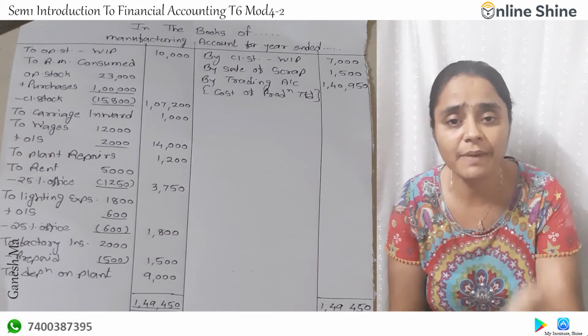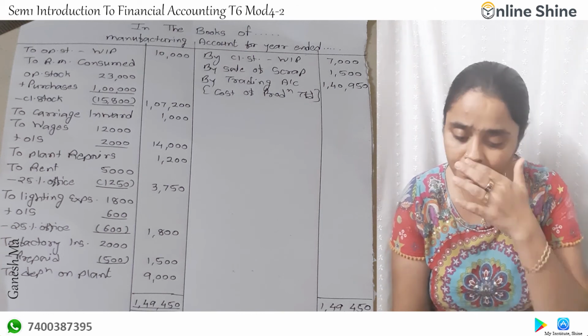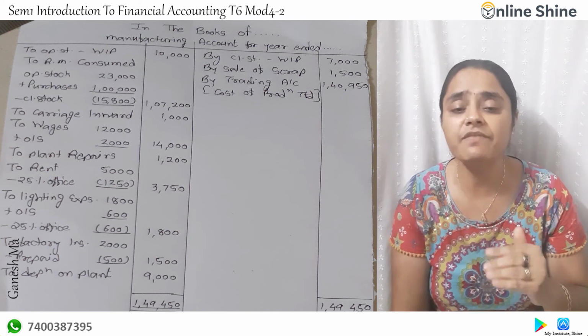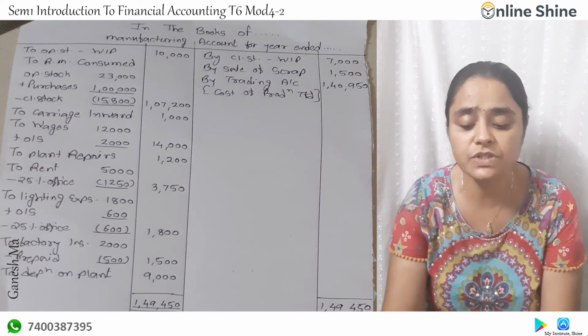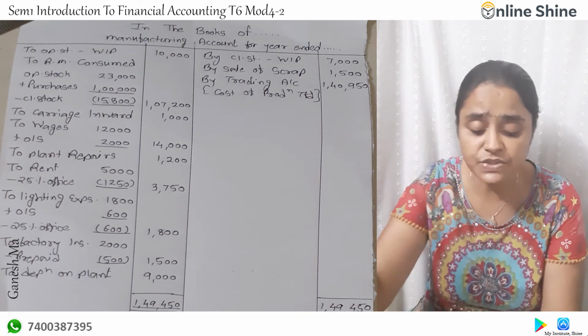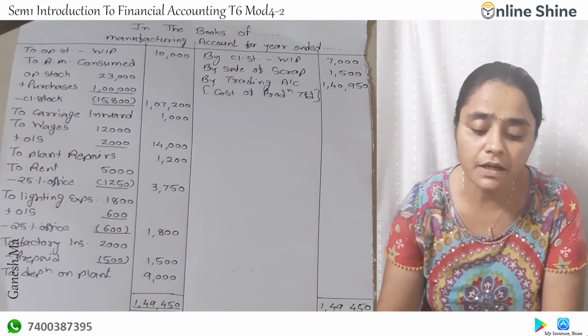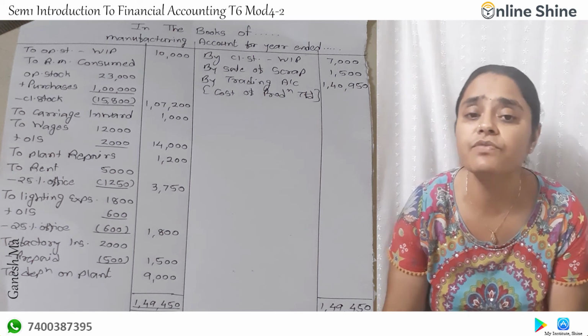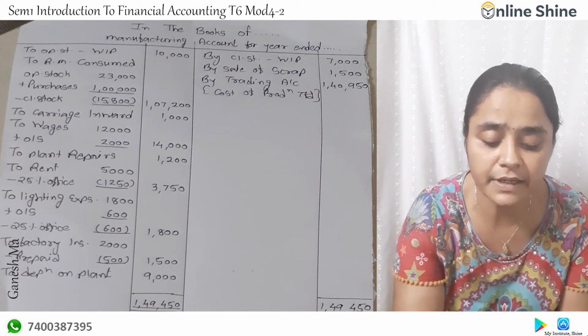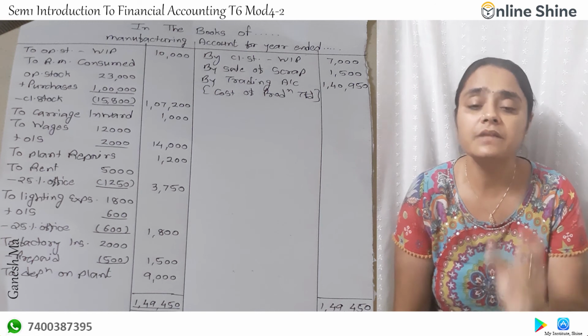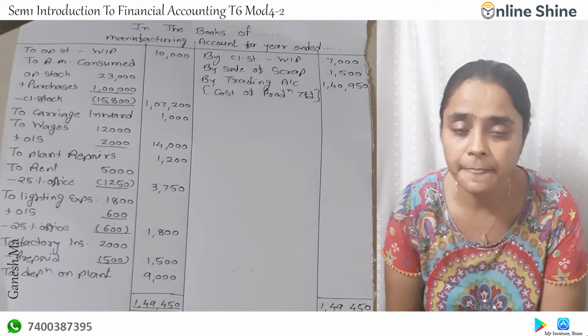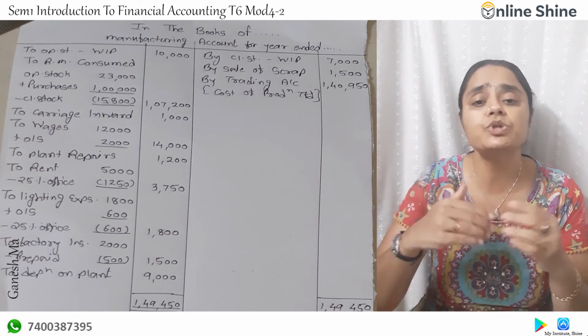So you can see in your manufacturing account plant rent of rupees 5000. From that 25% is deducted, that is 1250. That 1250 I transferred to my P&L account as rent rupees 1250. And here after deducting 1250 from 5000, the final rent in your manufacturing account is 3750. Understood?